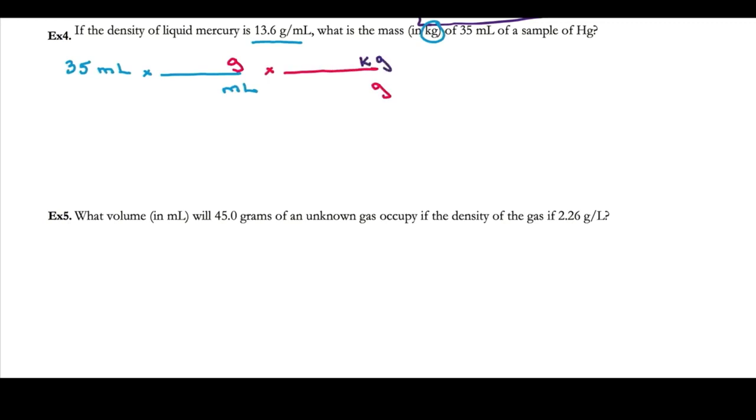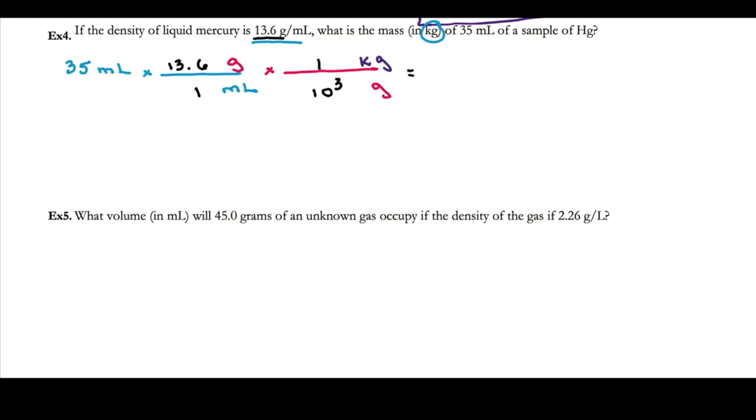All right, let's actually plug in our values now. I actually know this relationship, grams per mil, because looking at my density, this tells me I have 13.6 grams for every 1 milliliter. For kilograms to grams, 1 kilogram is 10 to the third grams.